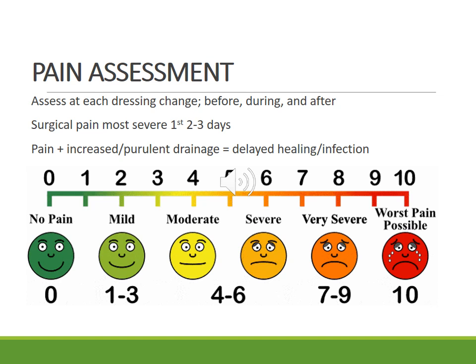Pain seems to increase when you have more purulent drainage or delayed healing or infection. If we know we're going to do a dressing change at a certain time and we know the patient's having a lot of pain from this area, we want to try to medicate them before we perform that dressing change. So it's so important that we are assessing a patient's pain, especially in regards to wounds.